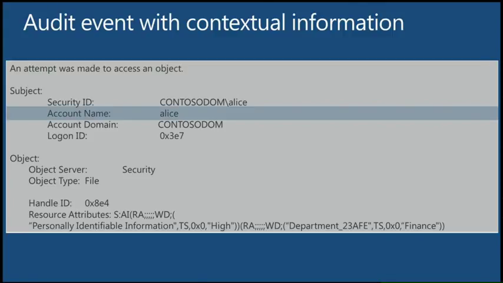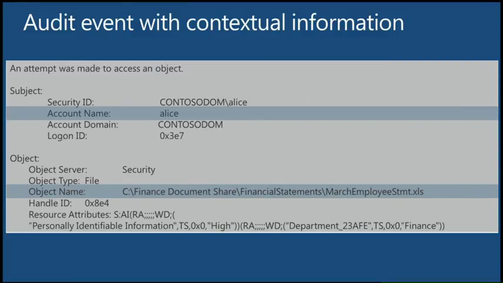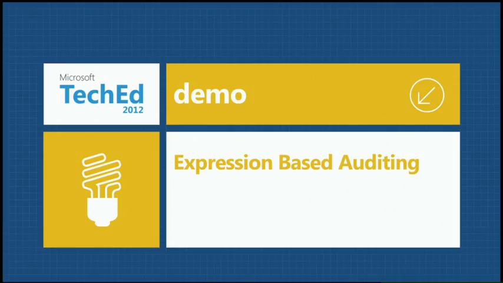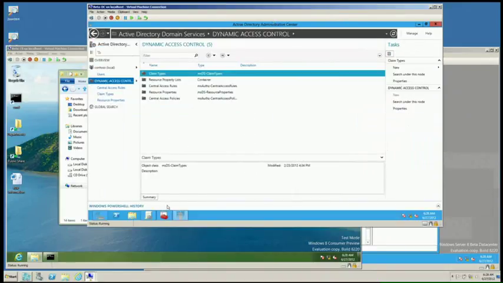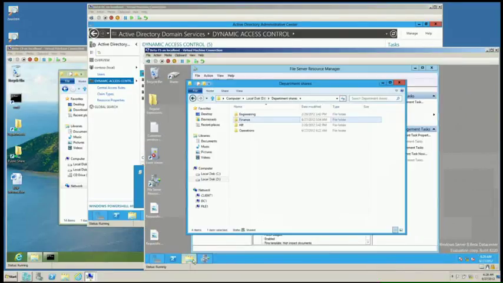You note also that we actually identify who accessed the data specifically. We identify what object is in there, and all of the resource properties that go with it. Now let me show you real quick how to do this. Just because we have a little bit of time, I figured you guys might want to see it. We can define an audit policy on the file server itself.